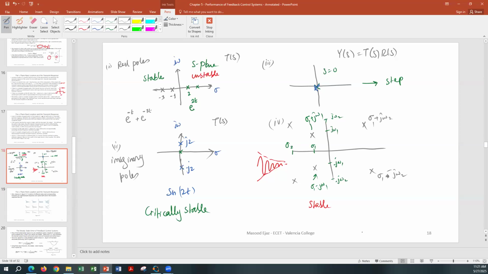So it's going to be an increasingly oscillating exponential function. Instead of decreasing, it's going to be increasing. So the system is going to be unstable. For any stable input, it's going to start increasing.